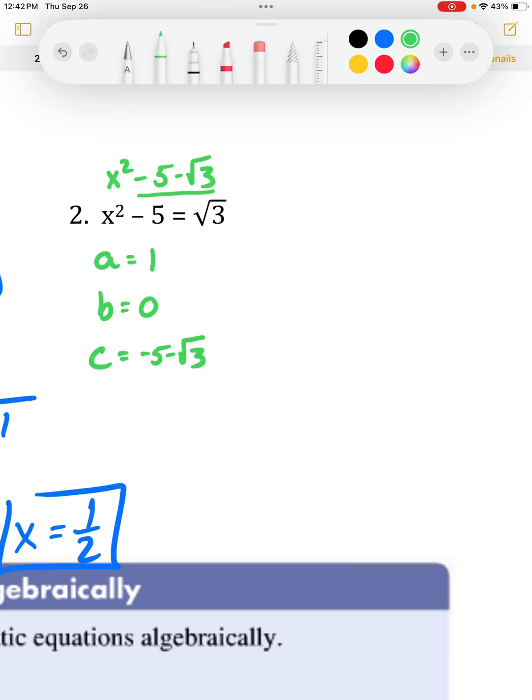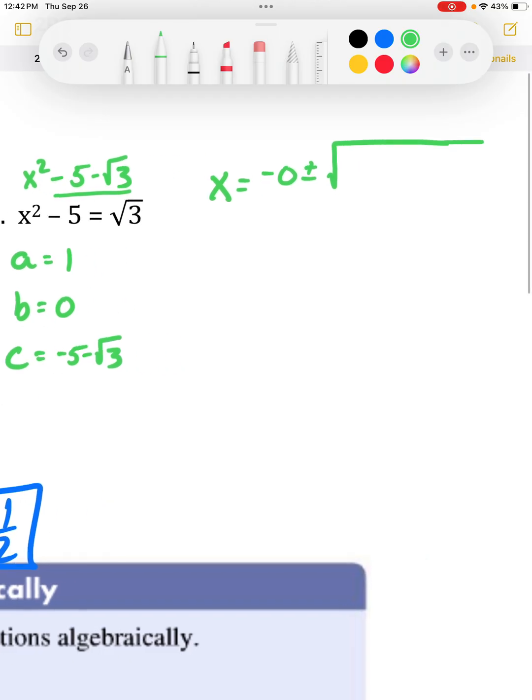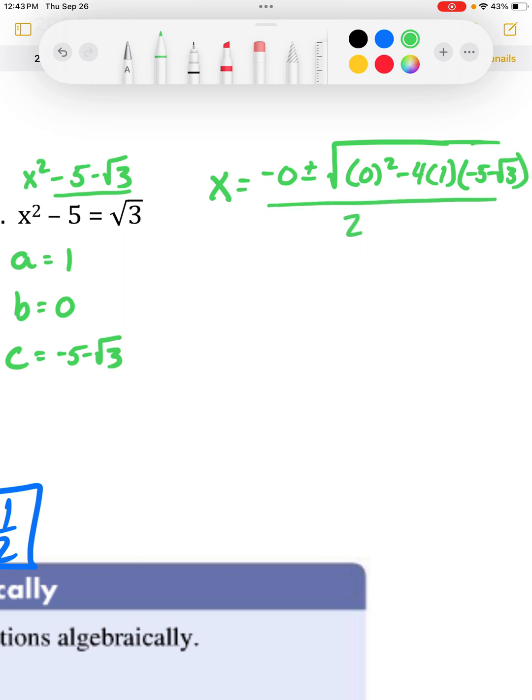So we have x equals negative 0 plus or minus the square root of 0 squared minus 4 times 1 times negative 5 minus root 3, all over 2 times 1.